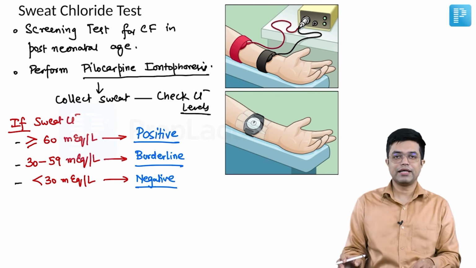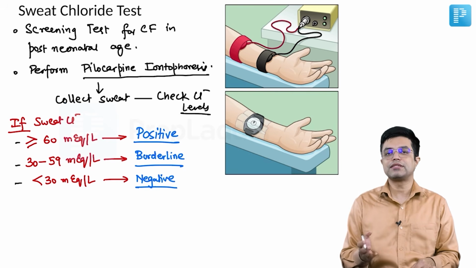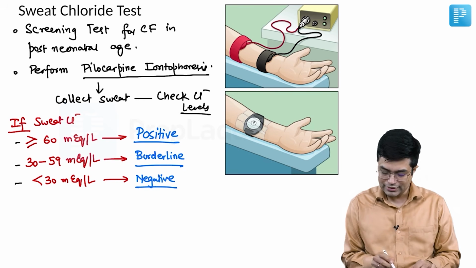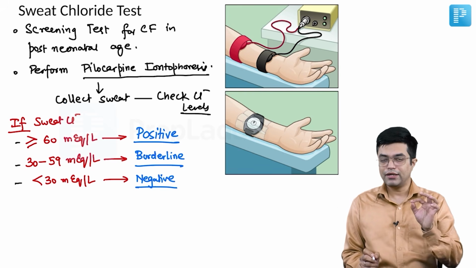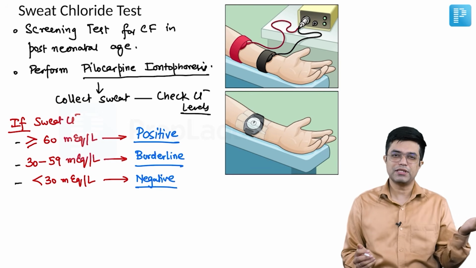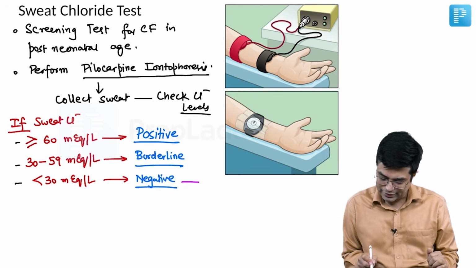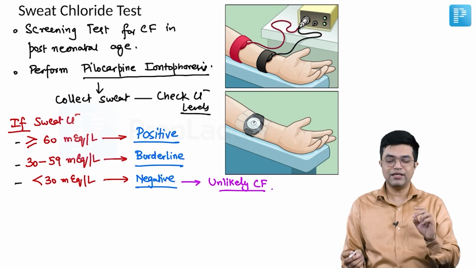According to the latest guidelines given by the Cystic Fibrosis Foundation, which are also mentioned in Nelson as well as Harrison, sweat chloride less than 30 millicoulomb per liter, provided the test has been performed according to the protocol, which obviously is a technical thing, makes it unlikely that the patient has cystic fibrosis. So cystic fibrosis in these patients is highly unlikely.